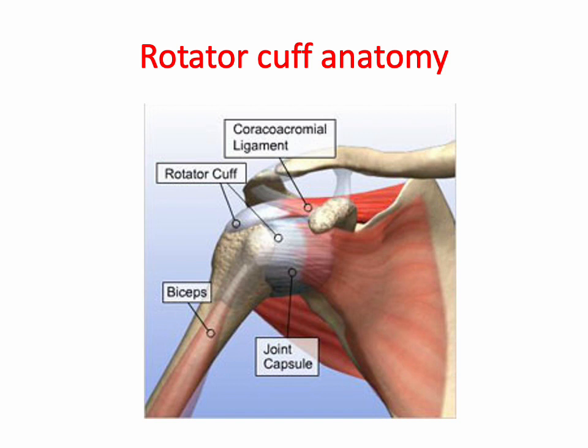This is helpful again in looking at the relationship of the supraspinatus muscle and tendon to the coracoacromial ligament and the acromion, and also helps to delineate where the long head of the biceps tendon sits in the bicipital groove.